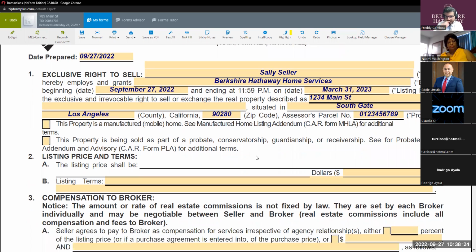Now if you have a manufactured home, you need to attach what? CAR form MHLA, the manufactured home listing addendum to this listing agreement, if you have a manufactured home that is situated in a park.